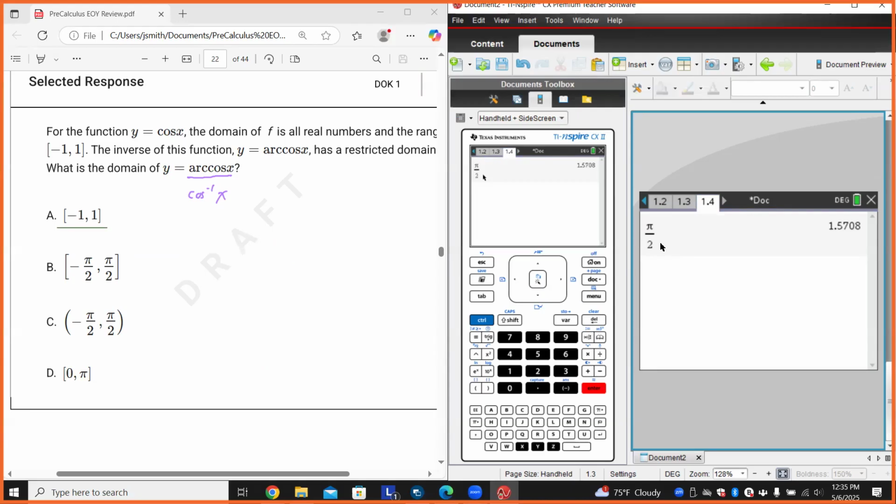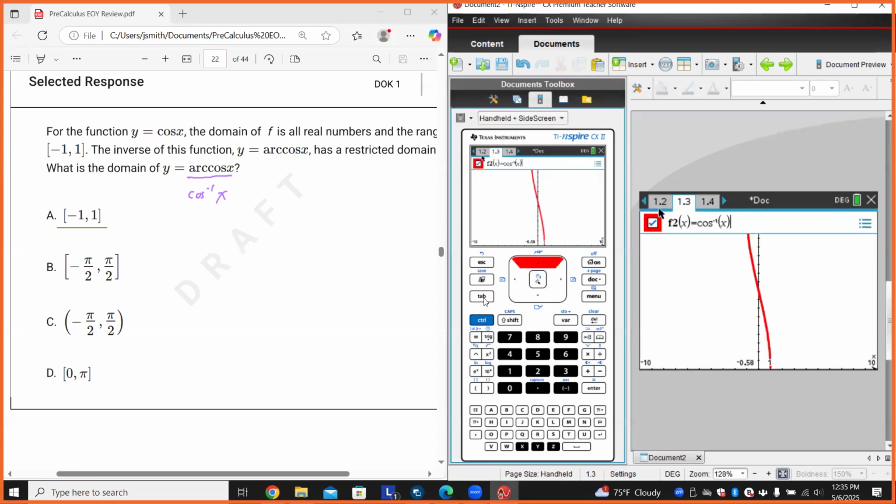Questions on how to find the domain of a graph? Type it in. You find one, see if the farthest x goes to the left and the right. And I just hit enter. You just got to remember that arc means cosine inverse.